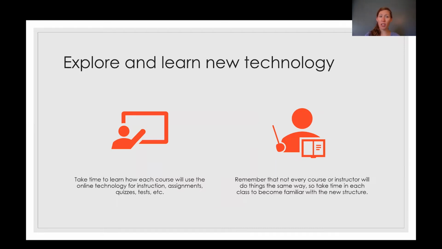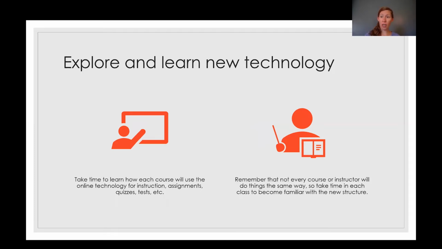Also, to help with the transition, explore and learn the new technology that you'll be using. A lot of you are already familiar with Georgia View, but this is a new thing, and each instructor will be using Georgia View and the resources within it in a different way. So you need to take the time to go through each course and learn how your instructor is using the technology in the course.